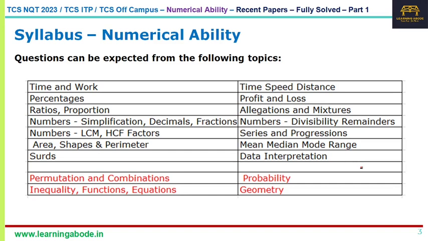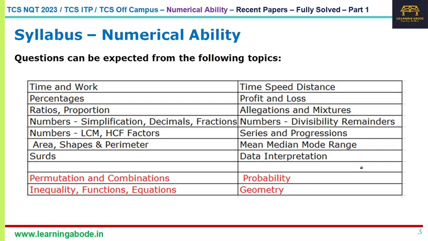If you dig deeper and look at the topics, in the foundation section they ask questions from time and work, time, speed, distance, percentage, profit, loss and decimals, as far as I have seen. That covers most of it. Then of course you have questions on ratio, proportion, allegations and mixtures. In numbers you have simplification, decimals, fractions, and also questions related to divisibility and remainders, LCM, HCF, factors.